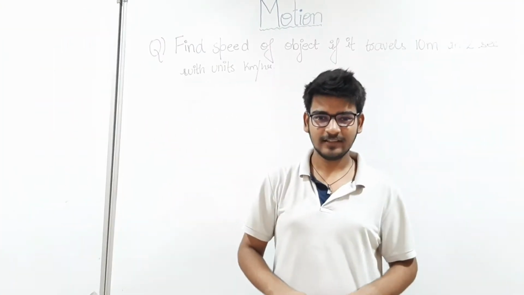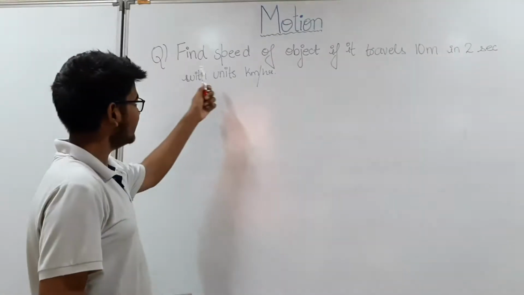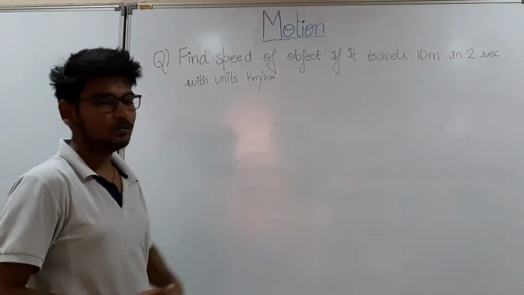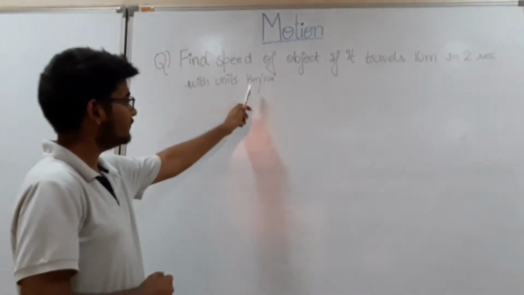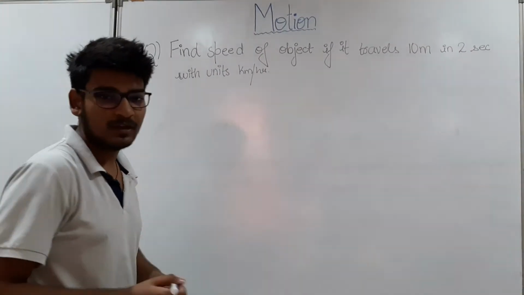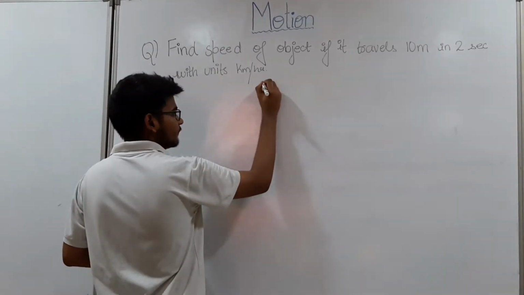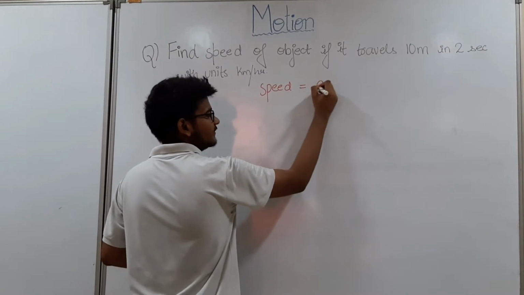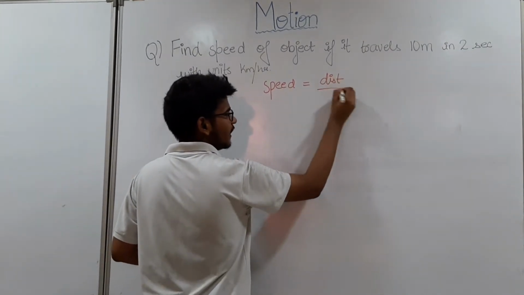So let us now see this question. Find the speed of an object if it travels 10 meter in 2 seconds. And here we have to solve it in the units of kilometer per hour. So let us try. We know that speed is equal to distance upon time.